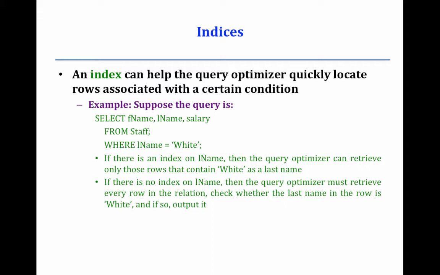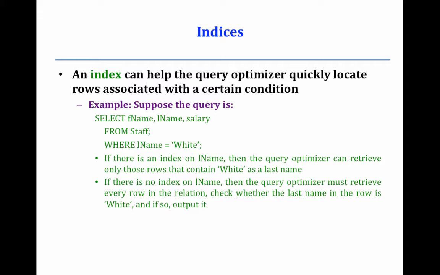So it helps to put additional indices on your relations that can help a query optimizer quickly locate the particular values that you're looking for.